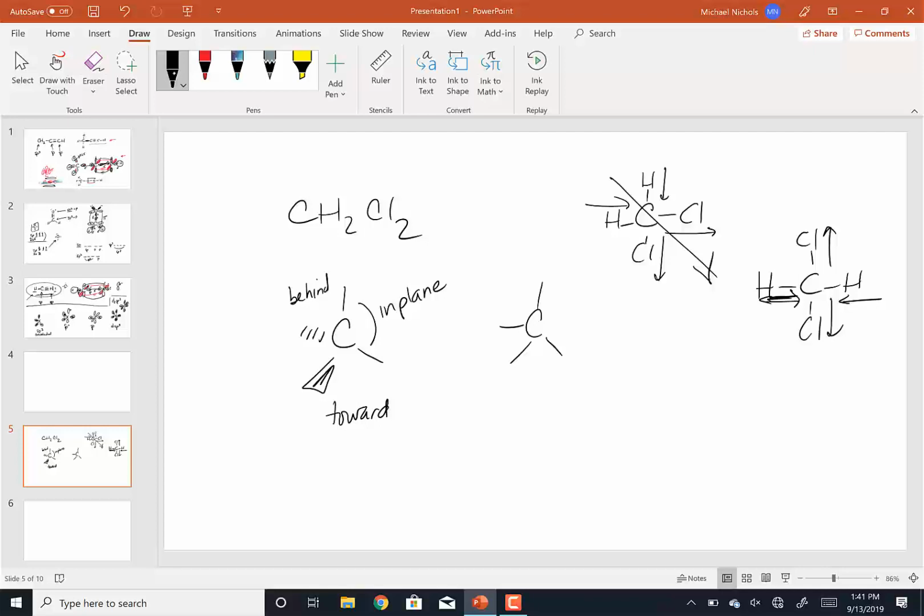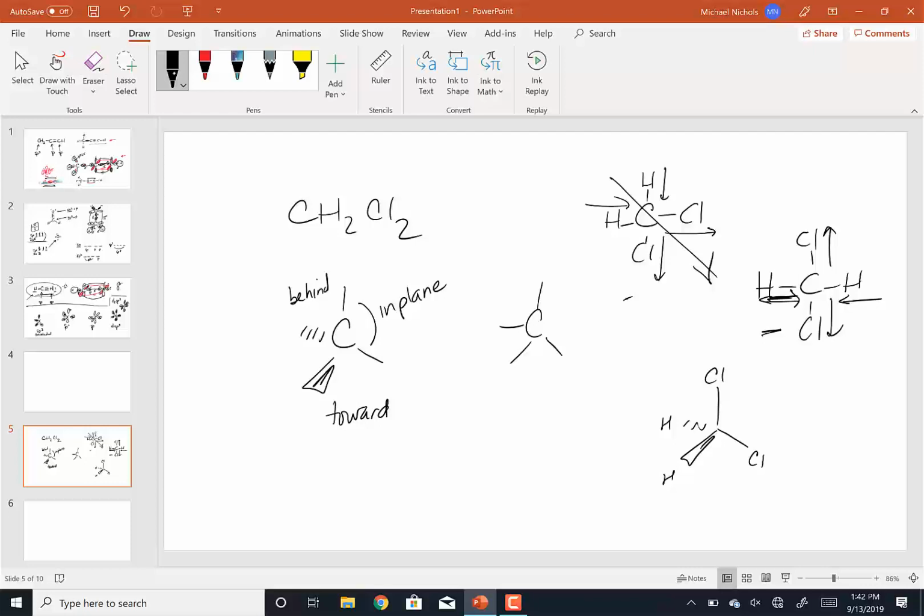When I put my chlorines and my hydrogens into my tetrahedron, which one is that? Is that this one or this one? I don't care. They're all the same, right? Because I can rotate that molecule around. So that would be my molecule. Our general rule is this.